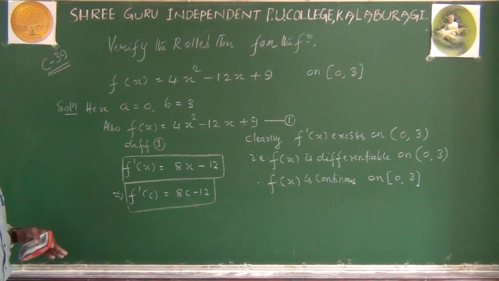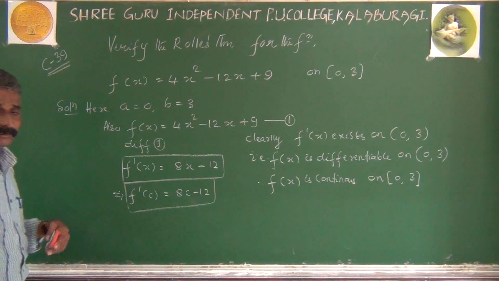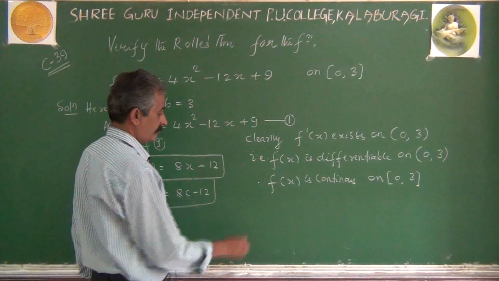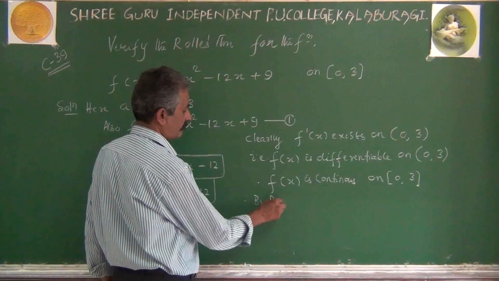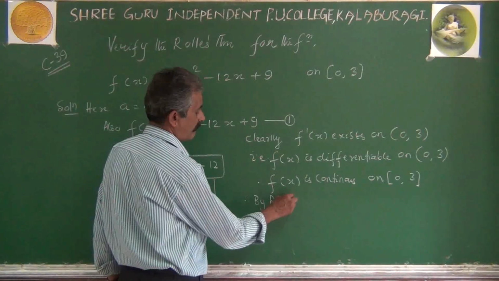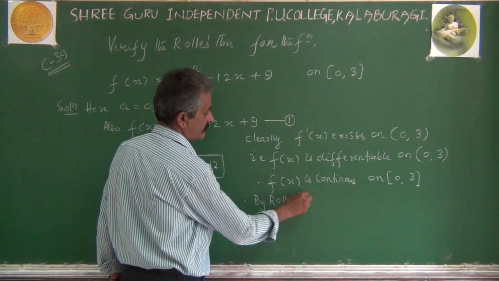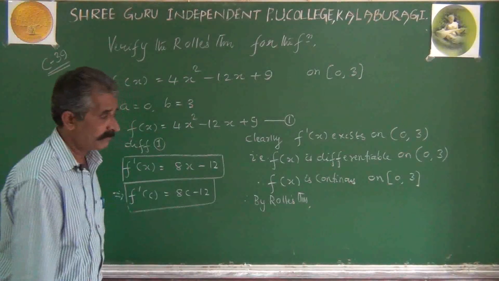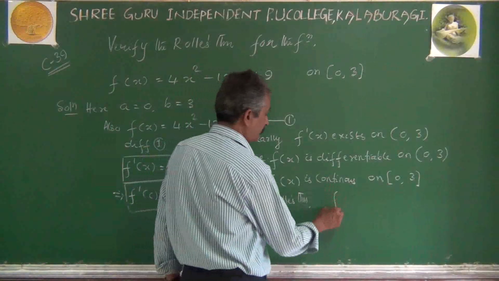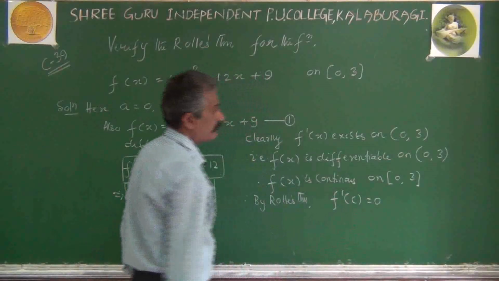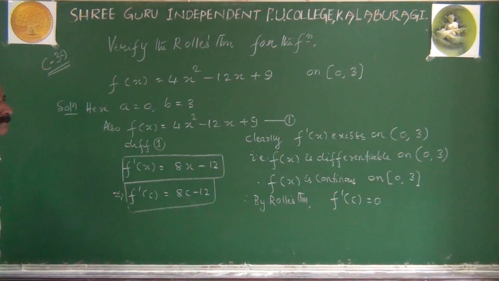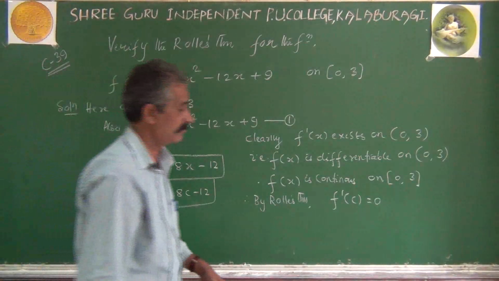As all the conditions of Rolle's theorem have been satisfied, let's apply Rolle's theorem. Therefore, by Rolle's theorem, we have f dash of c equal to 0. F dash of c means 8c minus 12.